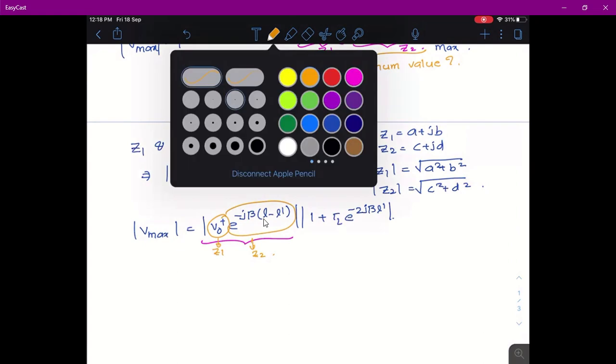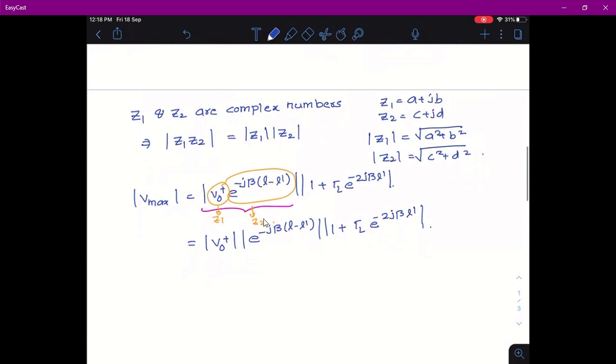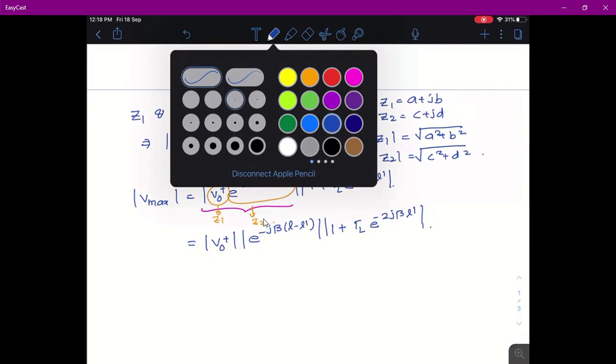So, I can write again, this is equal to the magnitude of V0 plus multiplied by the magnitude of e raised to j beta into L minus L dash multiplied by the magnitude of 1 plus tau L e raised to minus 2 j beta L dash. So, V0 plus we do not know what the actual quantity is. So, that will remain as it is.